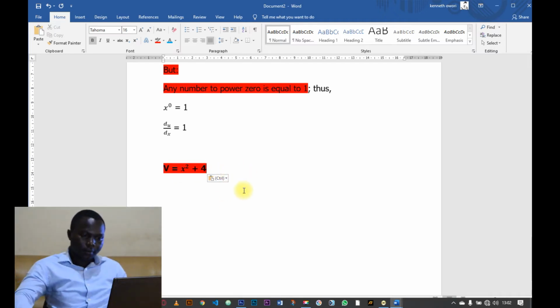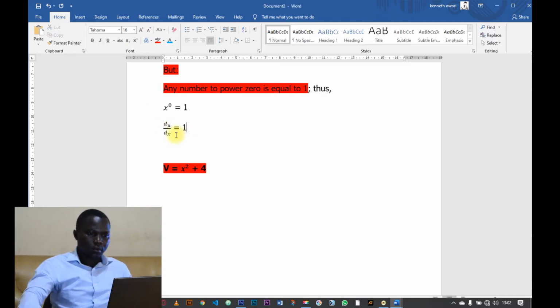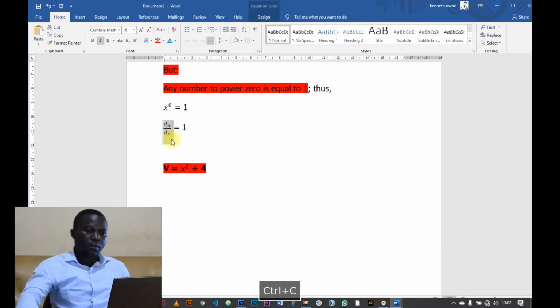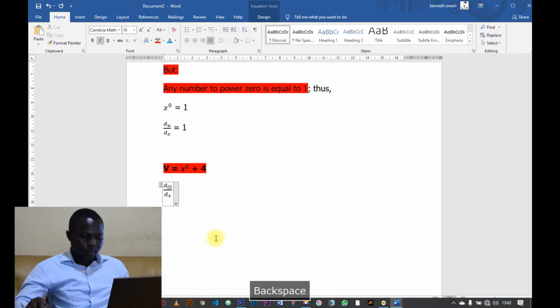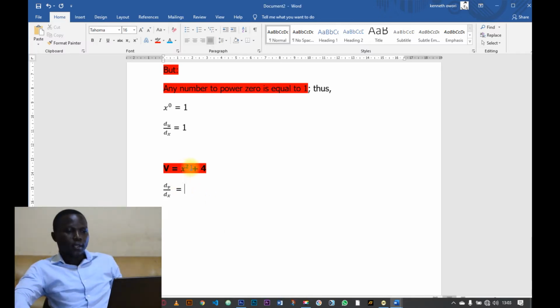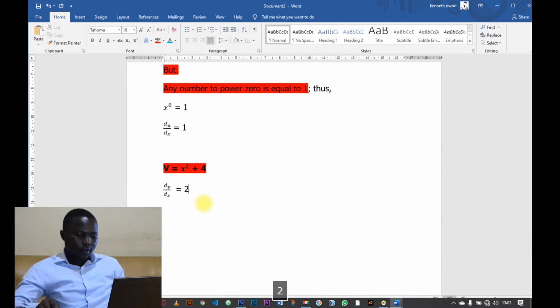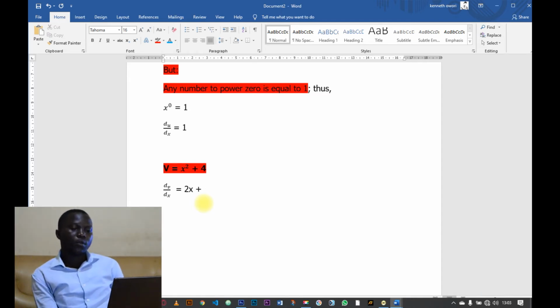So dv dx would be, if we differentiate x squared, we get 2x. I hope you're still remembering where we came from. If we differentiate x squared, we get 2x.